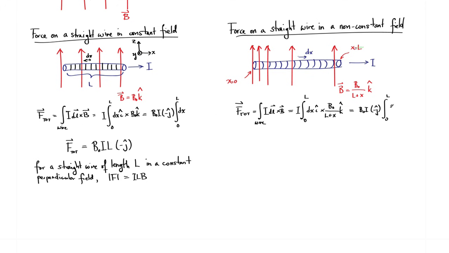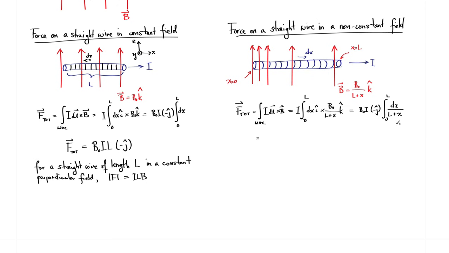It'll be dx over L plus x. All right, but that's not so hard to solve. So we know that the integral of 1 over x is just log of x.